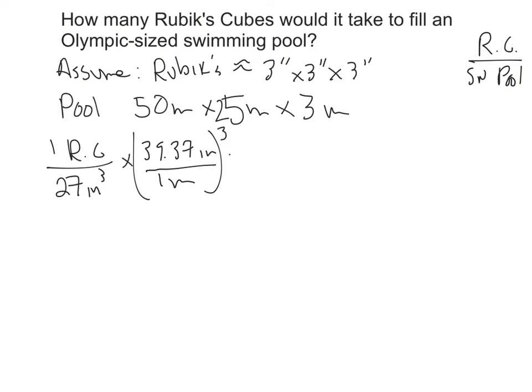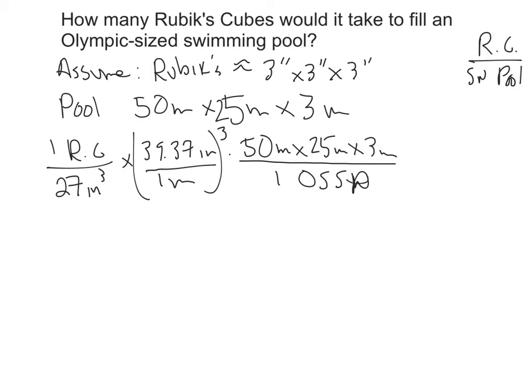And that means we're going to then multiply. That's going to get us into meters cubed. And we're going to multiply by 50 meters times 25 meters times 3 meters per one swimming pool. One Olympic-sized swimming pool, which we'll abbreviate as OSSP.